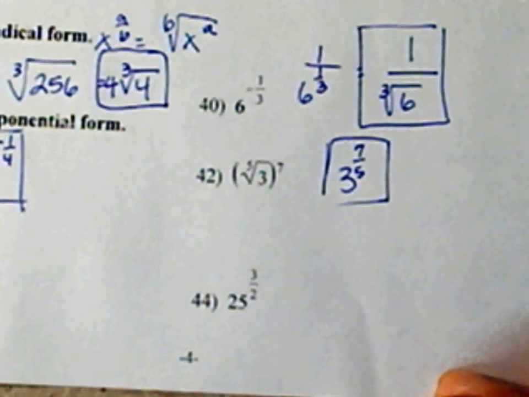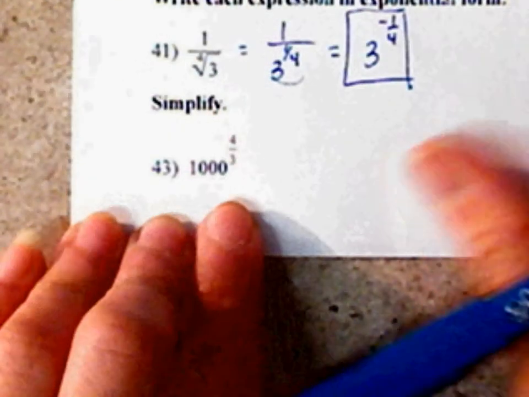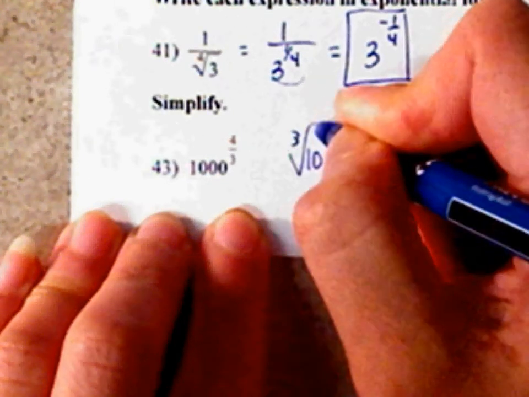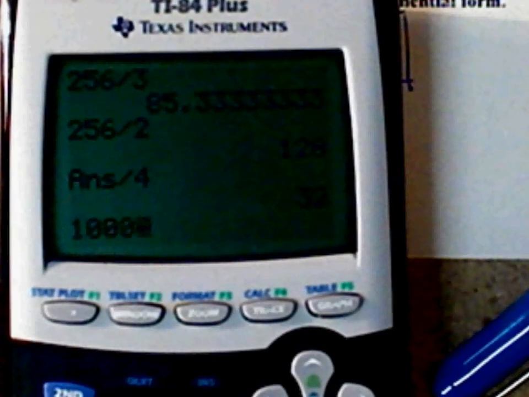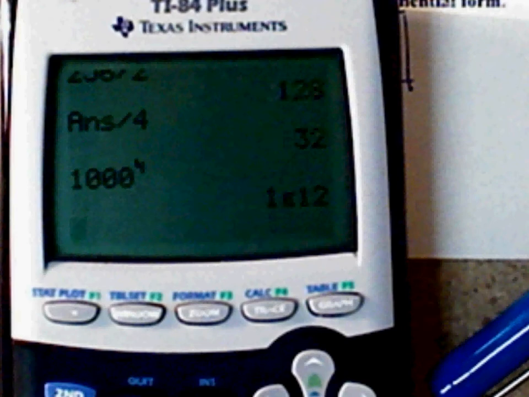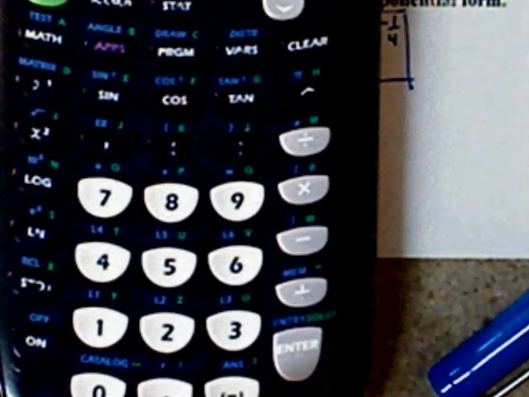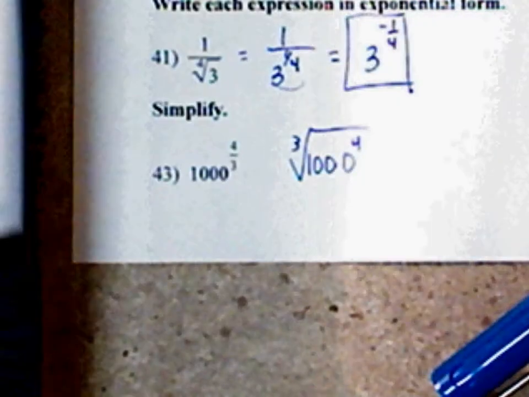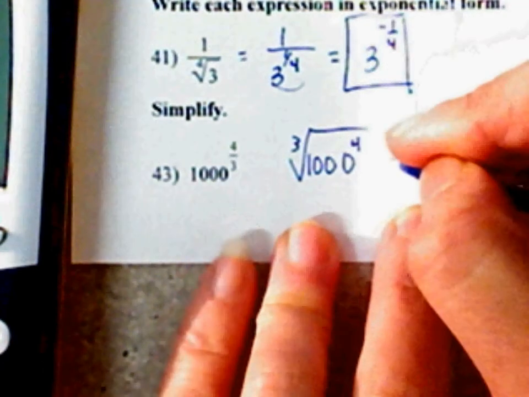Number 43, you are to simplify. So here you have 1,000 to the 4th power with a cube root. So let's see what you got. 1,000 to the 4th power, okay? Take the cube root of that. And you guys see this ANS button down here? You can type that in if you want to. Second answer. That means it's going to type this one right here and hit enter. And that is the same thing as, how many zeros is that? 6 zeros. 1, 2, 3.